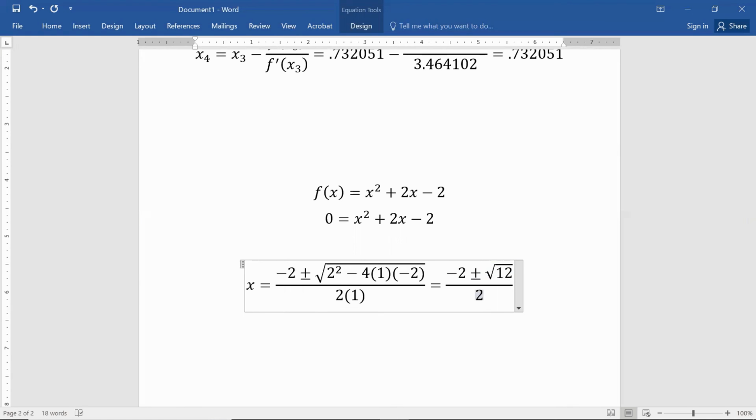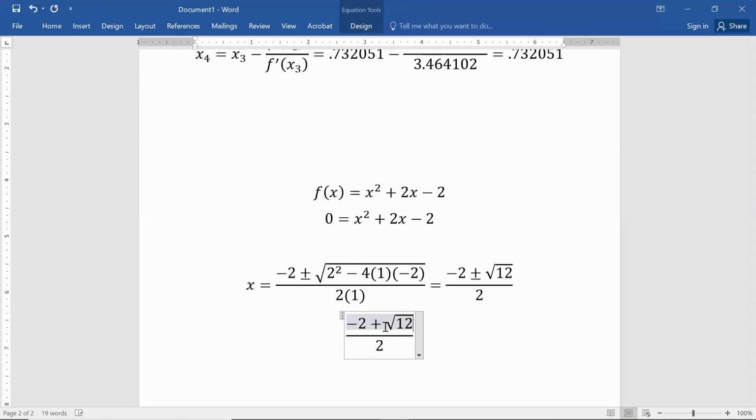If you calculate that, in fact, let's calculate the one where you do the plus. So if I calculate -2 plus square root of 12 and then divide it by 2. So I'm doing the plus version.